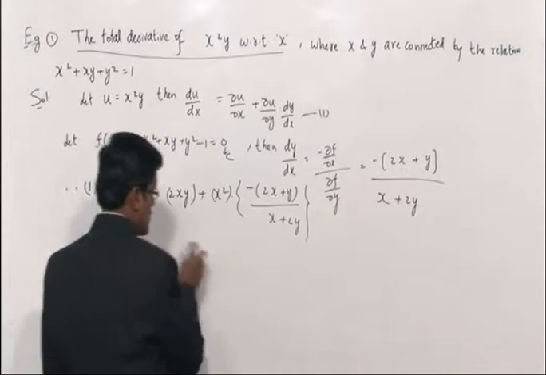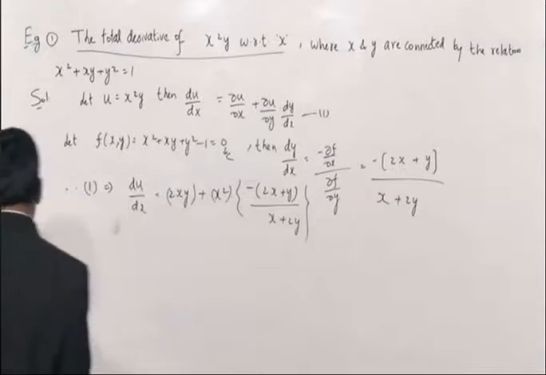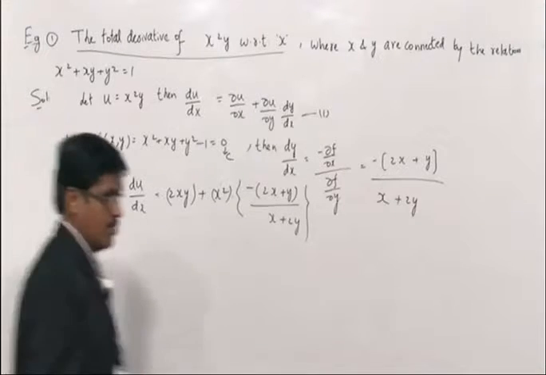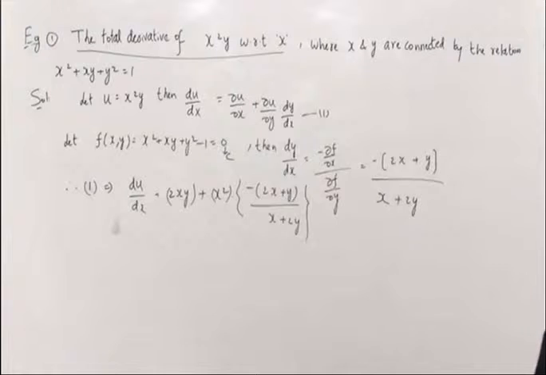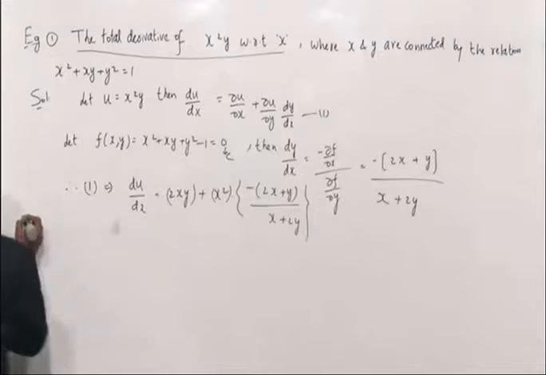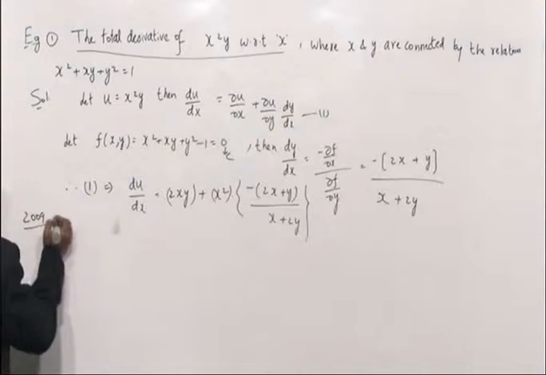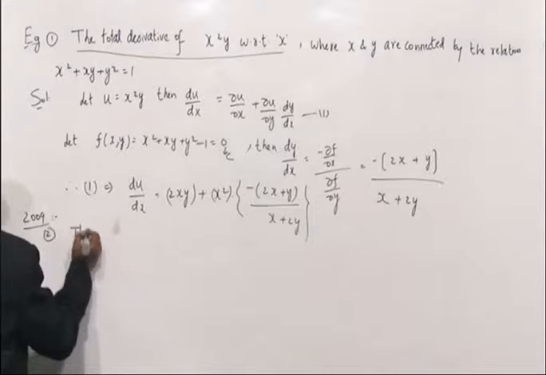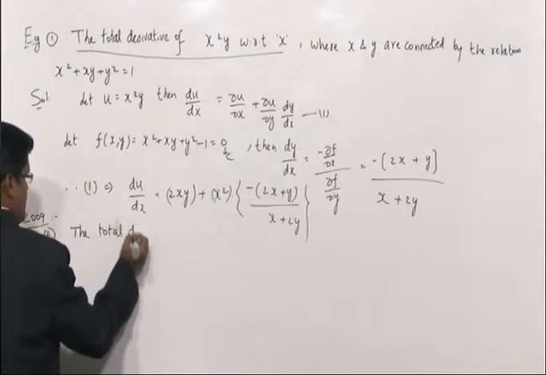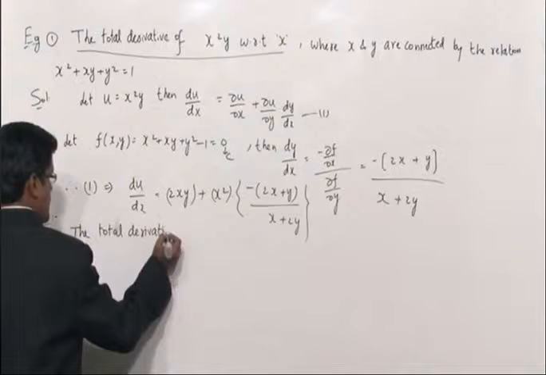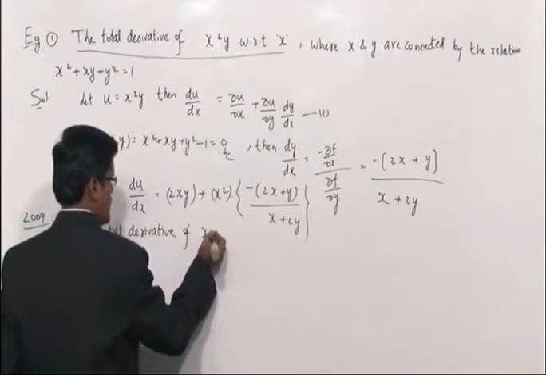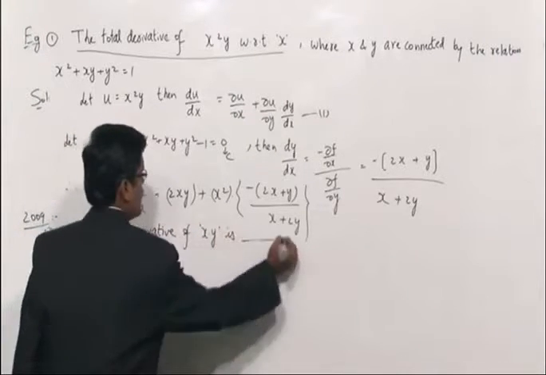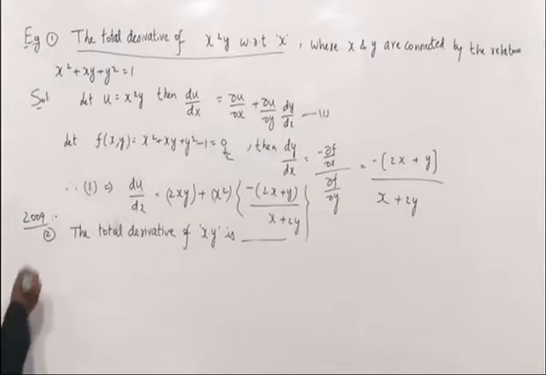So now I am moving to maximum value. Before that, one small example recently asked based on this model. In 2009, the total derivative of x into y is, later you do it.